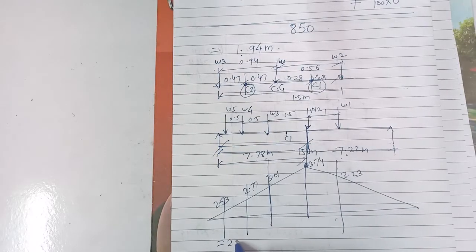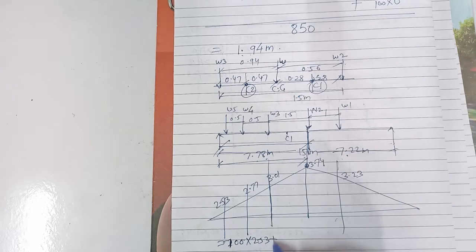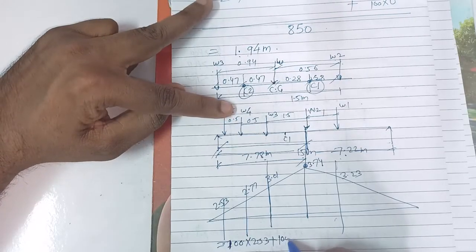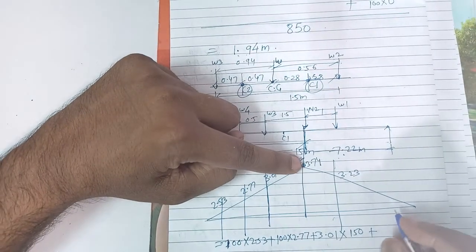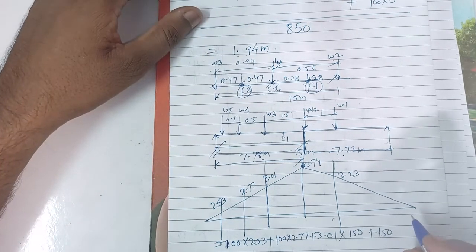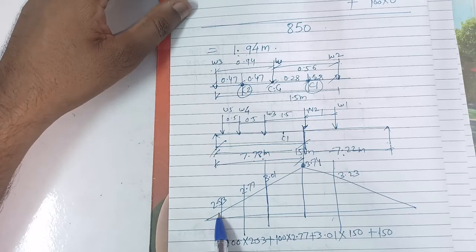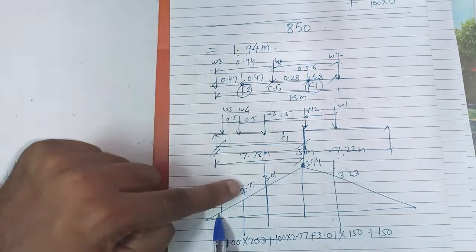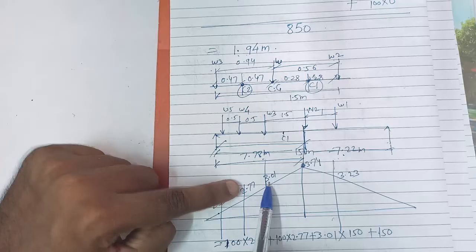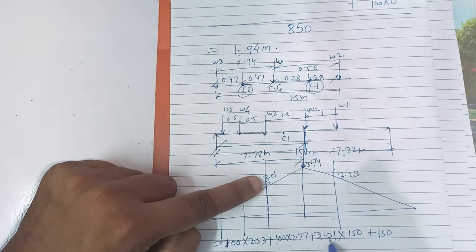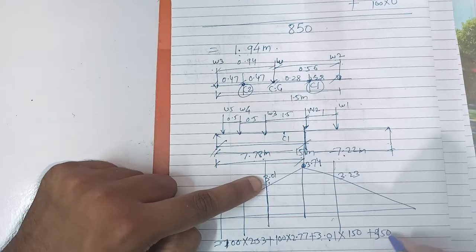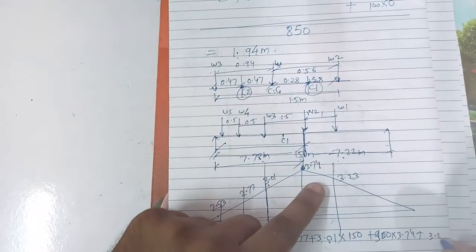So finally, what will be the load? That is equal to 100 into 2.53 plus W4, 100 into 2.77, plus 3.01 into W3, which is 150, plus 3.74 into 300, plus 3.23 into 200.